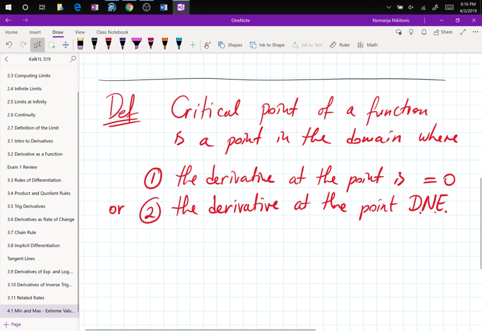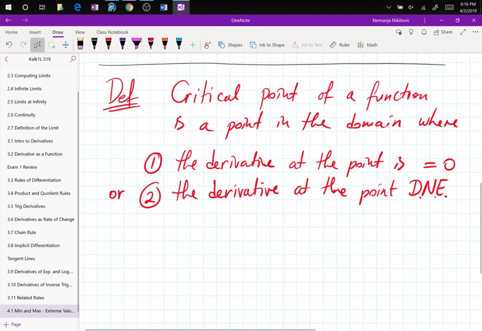Critical point can be minimum, critical point can be maximum. And it also could be something else called inflection point that will reveal itself next week.